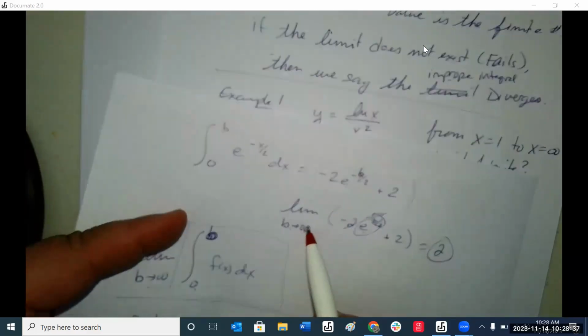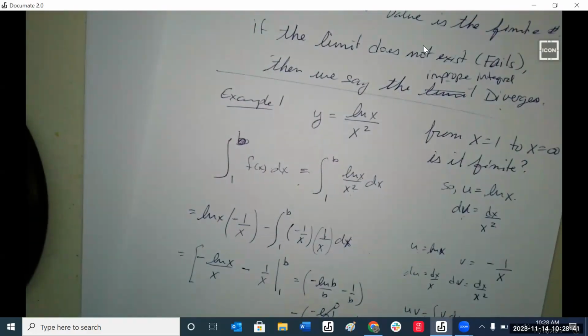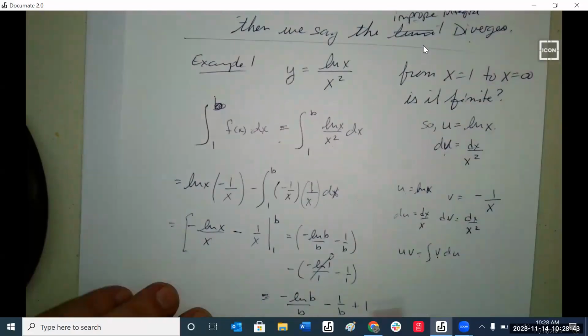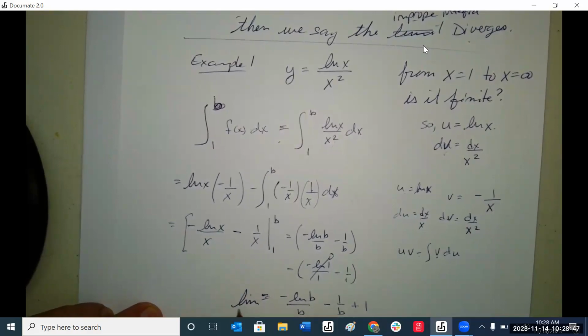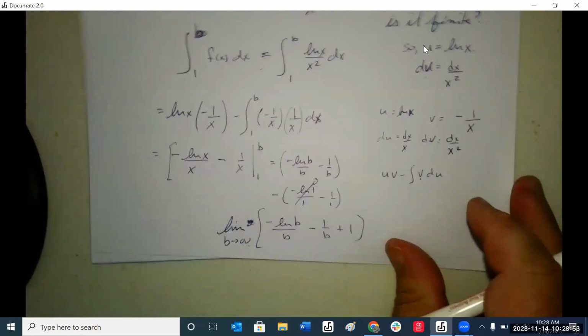Then we have to take the limit as b goes to infinity. So now we take the limit as b goes to infinity of this function.